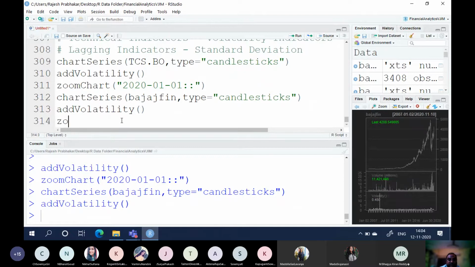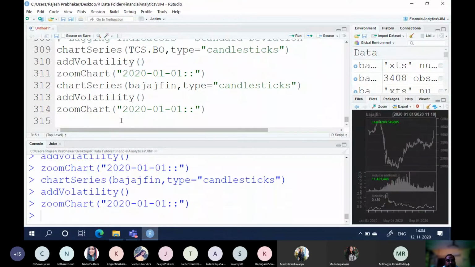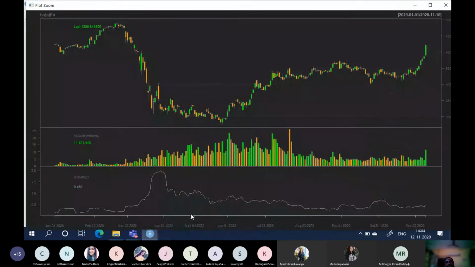Then let us zoom the chart, 2020-01 column. So look at it. Now it went up to a highest volatility of 0.48. Then now it is going down. The volatility is on a downward trend. It went into maximum volatility here.